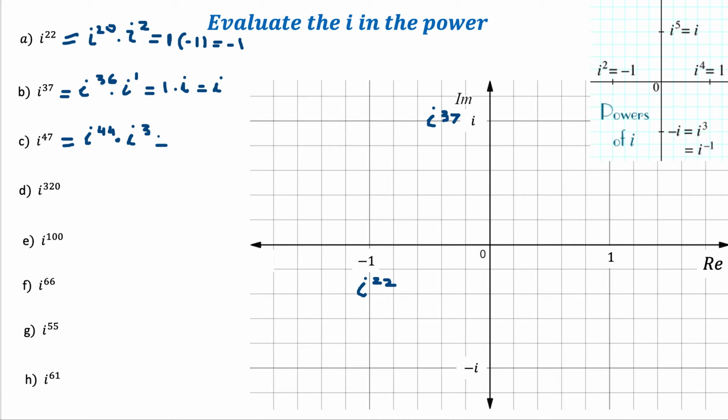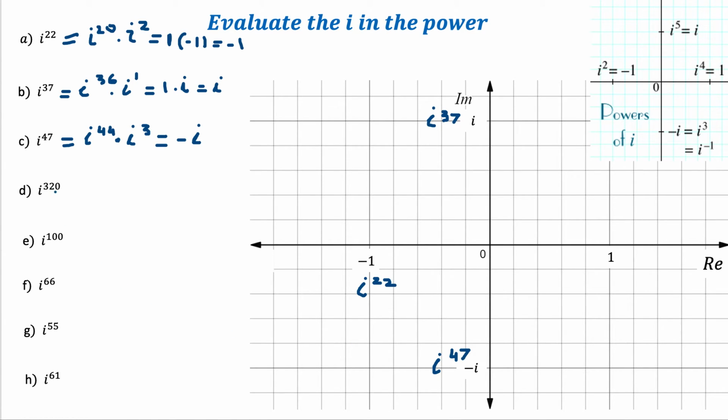So this is 1 times i to the 3, which is i to the 3, and i to the 3 we see here is minus i. So this is going to be equal to minus i, and it is going to be right here. So we already found 47, I'm sorry.